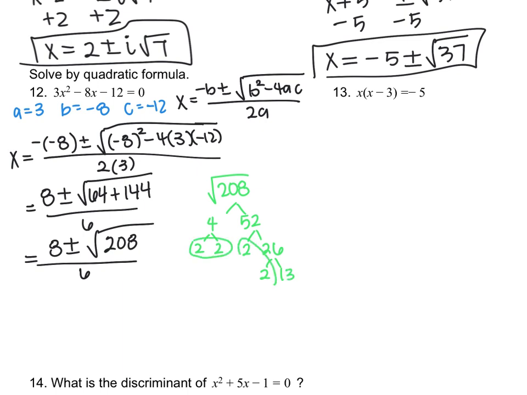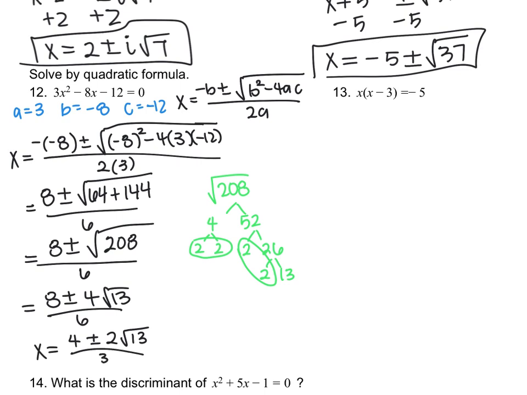So we do have two groups of 2. So we have 8 plus or minus 4 square root 13, all over 6. And then our last step is to simplify our fraction. 8, 4, and 6 are all divisible by 2. So we get 4 plus or minus 2 square root 13, all over 3.